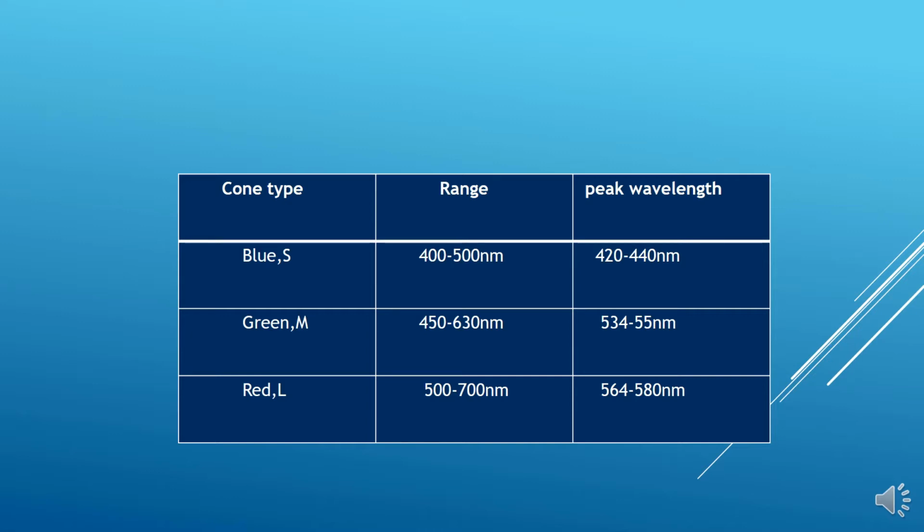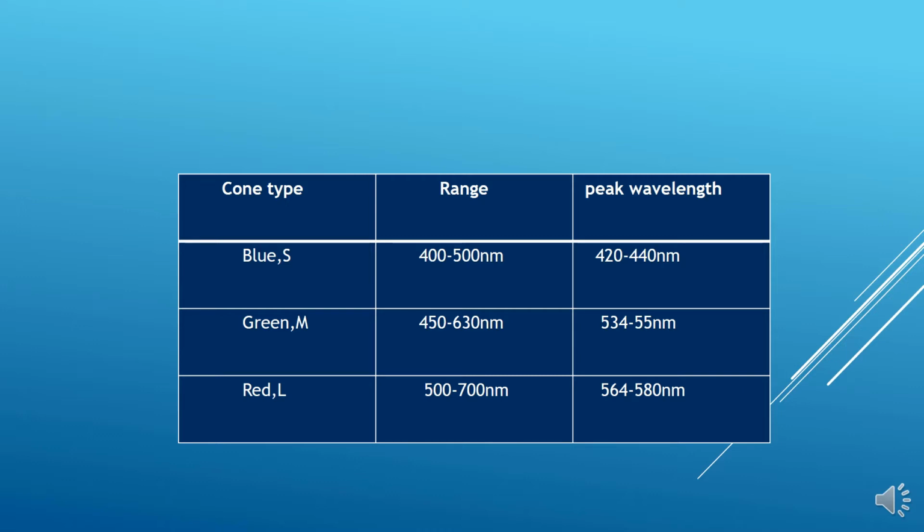Then your green cones are stimulated to the value of 42 and your blue cones are not stimulated at all. So the value is 0 and the ratio of stimulation of three cones are 99, 42 and 0. Red 99, green 42 and blue 0. So the nervous system will interpret this set as an orange color.